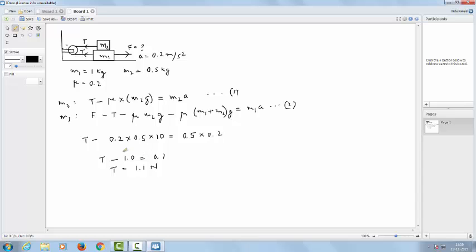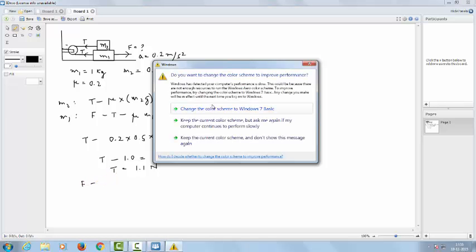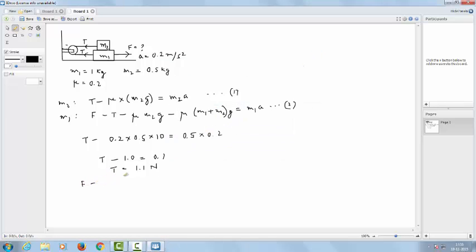Now we can use this value of T in equation 2. So from equation 2, we write F minus 1.1 minus mu m2g is 1.0.